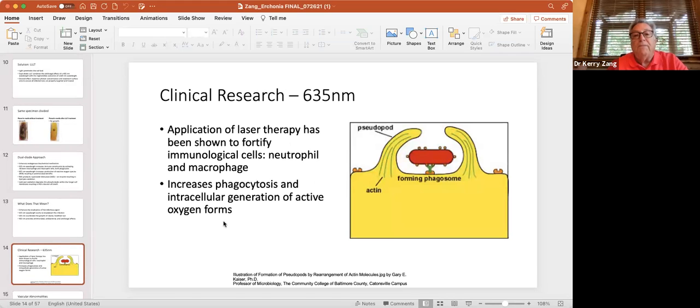So basically, it starts the phagocytic process, which has been lost in the treatment of nail fungus, because none of the medications topically that we use can get down there.